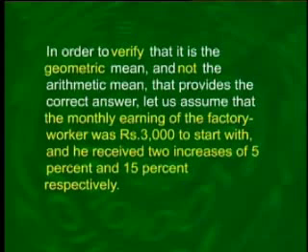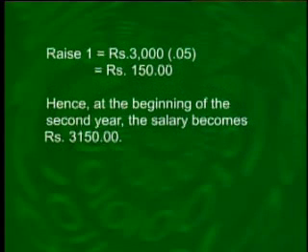Now, in order to verify that it is the geometric mean and not the arithmetic mean that provides the correct answer, students, let us assume that the monthly earning of the factory worker was rupees 3,000 to start with, and he received two increases of 5% and 15% respectively. So, raise number 1 is 3,000 into 0.05, and that is 150 rupees.